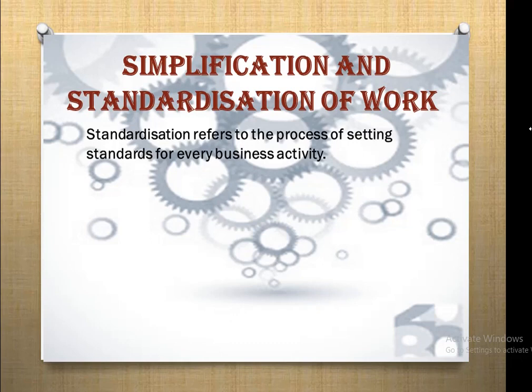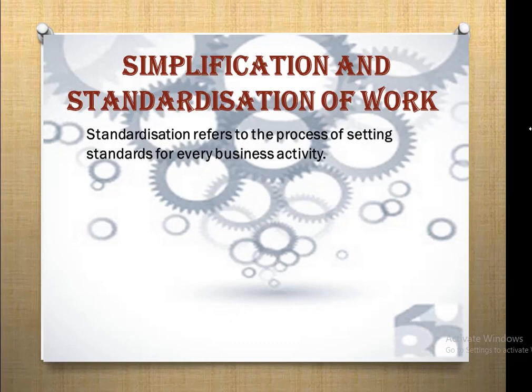According to Taylor, scientific methods of production must be selected to develop standards, and to set up standards, the managers must make use of work study techniques which include various other techniques.